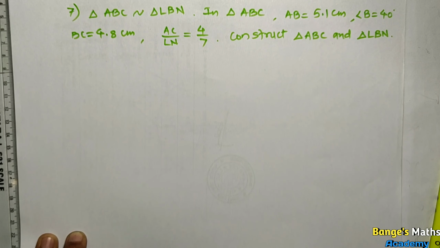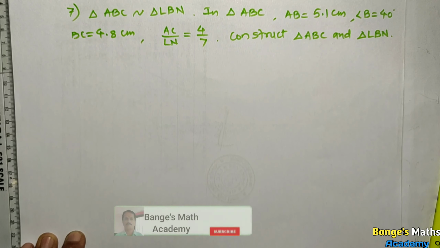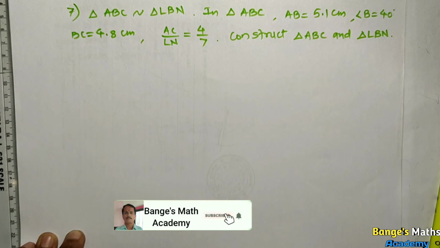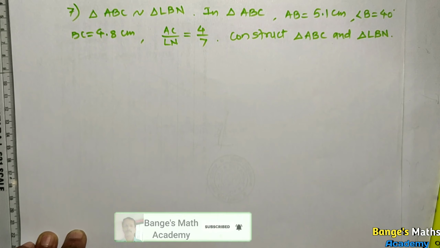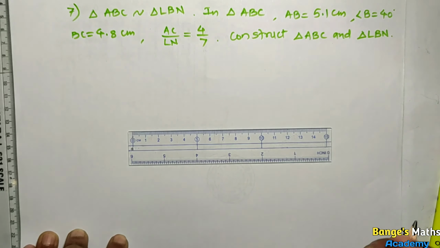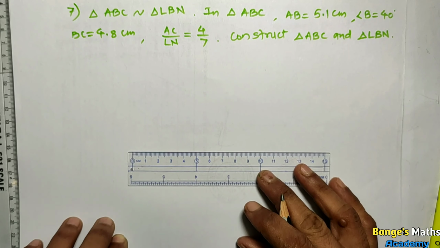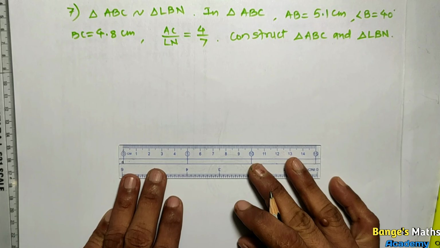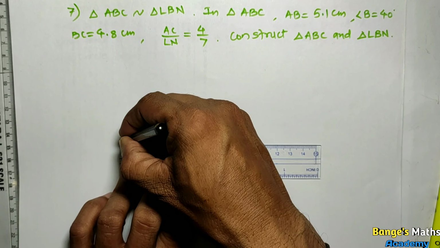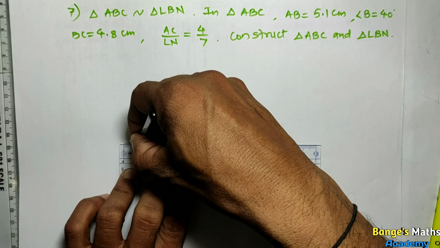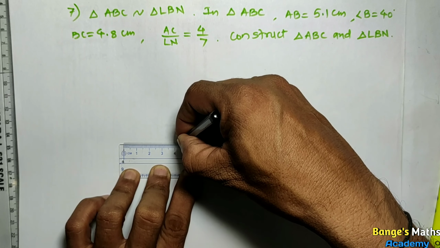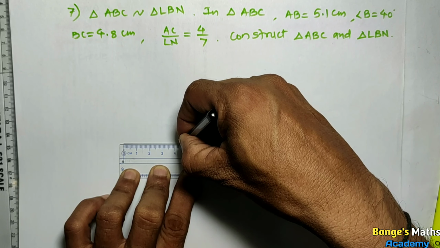So first of all, to construct triangle ABC and triangle LBN, draw segment BC of length 4.8 centimeter with the help of ruler.